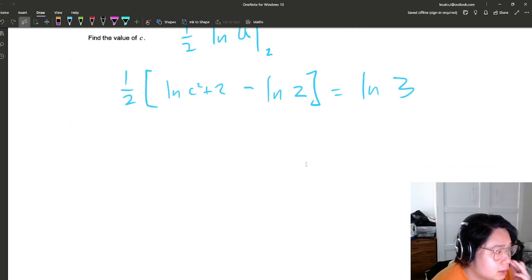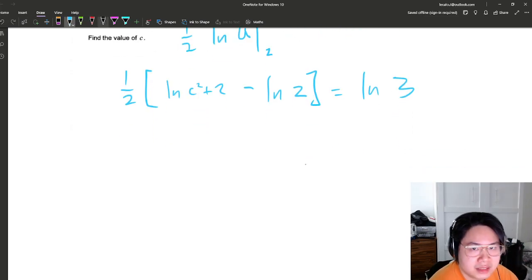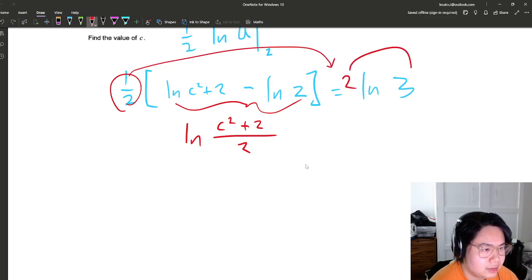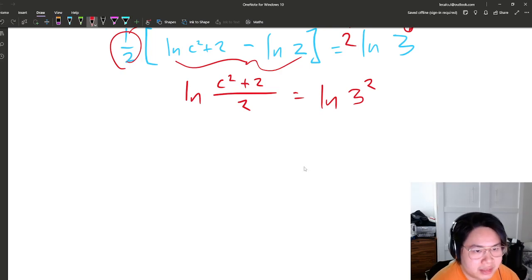And then from here, we need to solve this log equation. So first, I'm going to use logarithm laws to combine these together by dividing the inside. This 1/2 multiplies as a 2 here, and then that becomes an exponent of the 3, so that I have 3 squared, and then because I have one log equal to another, that just means that the insides are equal to each other.